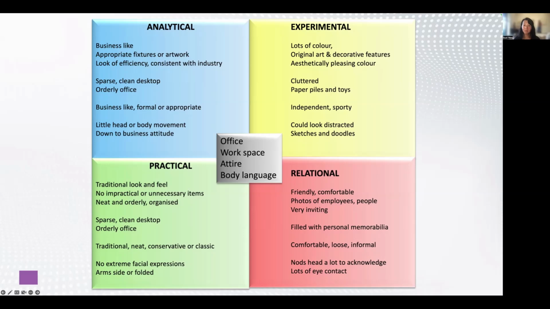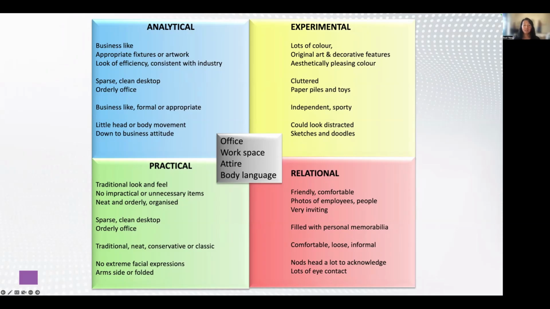Their desktop might be sparse, very orderly, very clean. And the way that they dress is very formal. These are the people who might come to work in that business environment in a suit and tie. Doesn't necessarily apply for anesthesia. When you talk with them, they might have little head movements, little body movement. They can be sort of a bit stiff, formal, and they have a very business-like attitude.